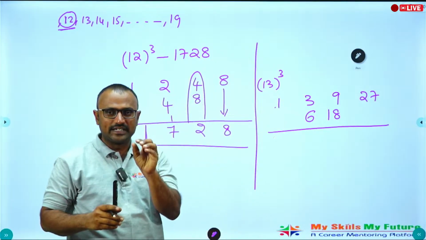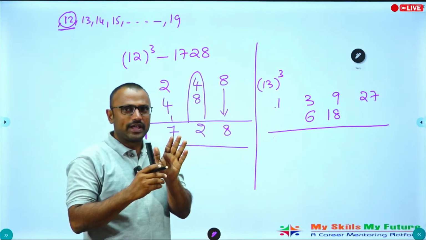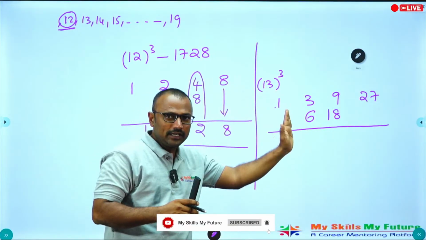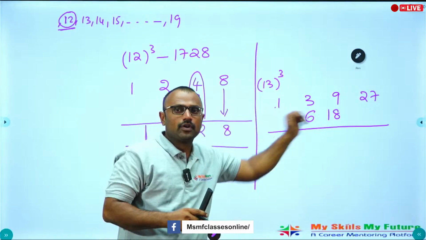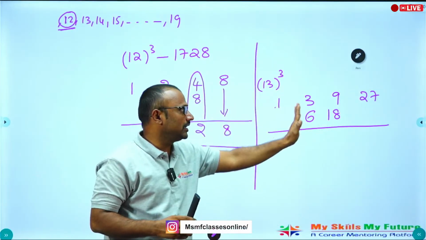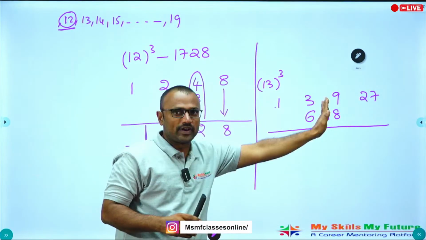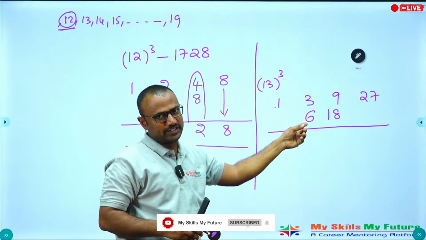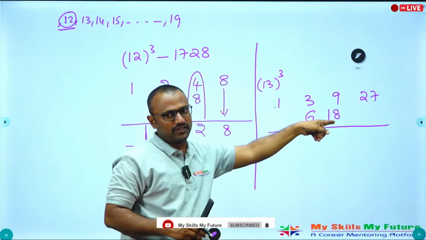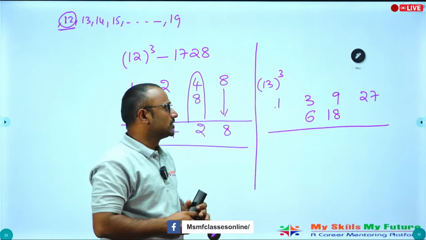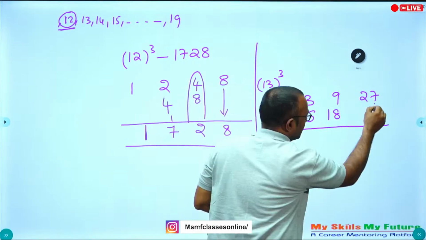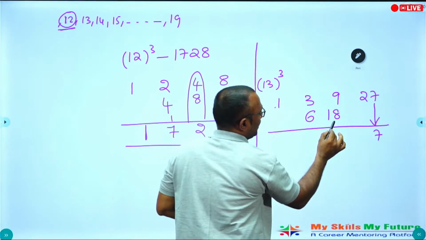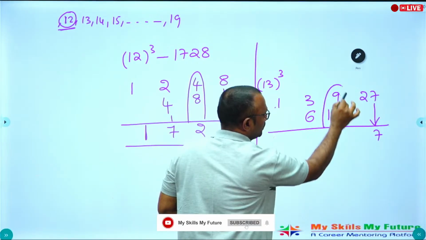So if the number starts with 1, suppose the number is 13, write 1, 3, 3 square, 3 cube. And twice the middle numbers: twice 3 is 6, twice 9 is 18. Write the unit digit 7 here and send 2 to the left side.